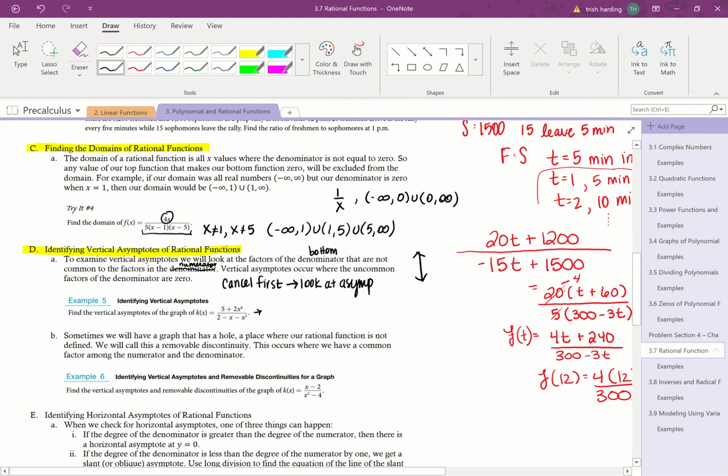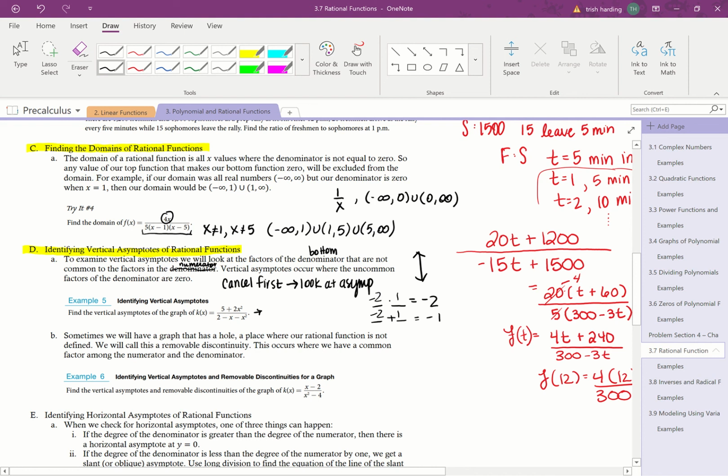So we have to factor this. It looks like 2x squared plus 5. That'll give us complex numbers, so I don't have to worry about it sharing any factors or canceling out. Now I have to factor this negative x squared minus x plus 2. That gives me negative 2 and 1.